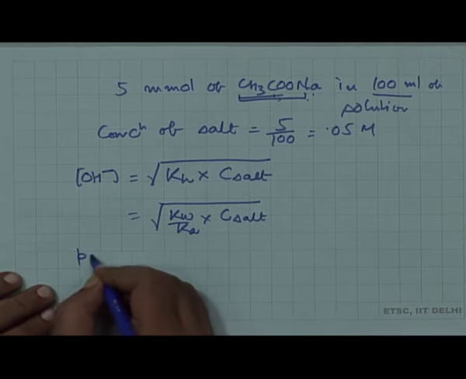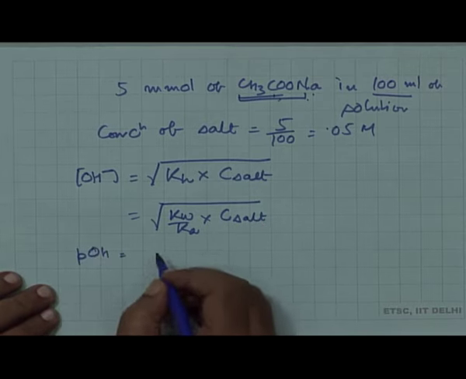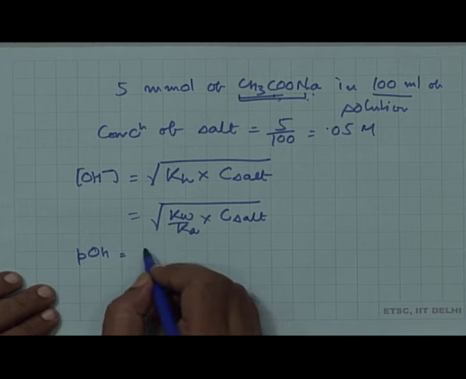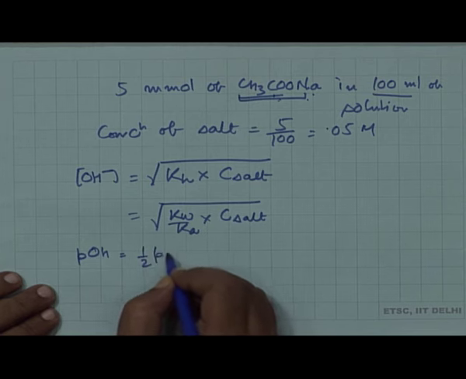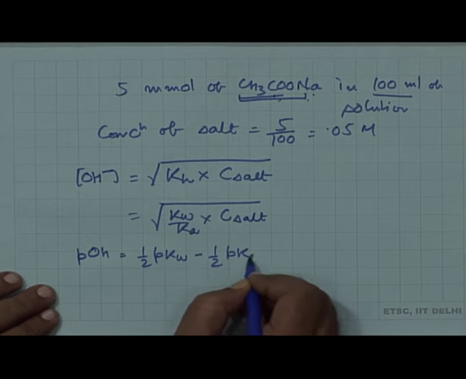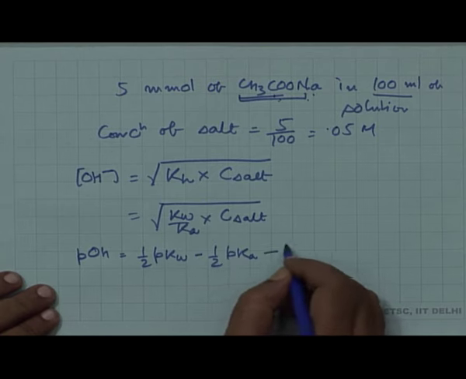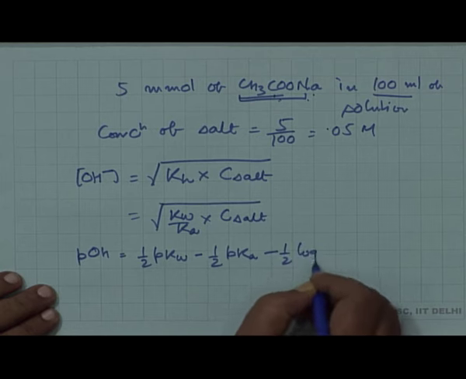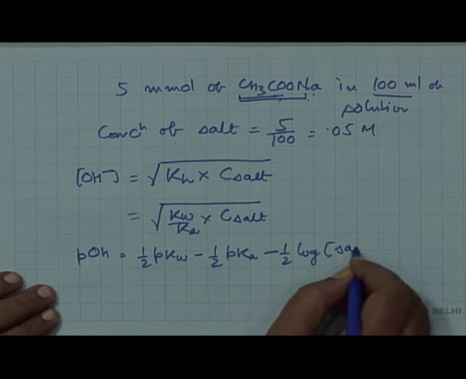So, pOH is equal to half pKw minus half pKa minus half log salt concentration.